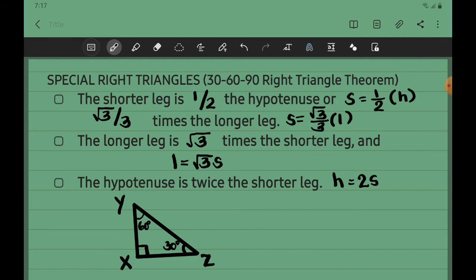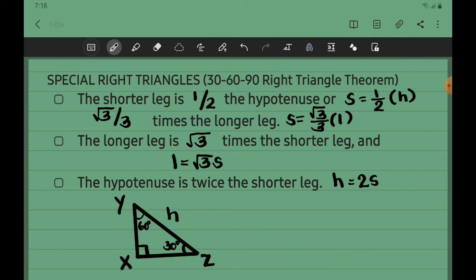Let us have this triangle. So let us use triangle XYZ. So we can see that we have 30, 60, 90 degrees angle. So yung tatandaan natin, yung katapat lagi ng 90 degrees, that is our hypotenuse. Yung side na opposite ng 90 degrees, that is always our hypotenuse.